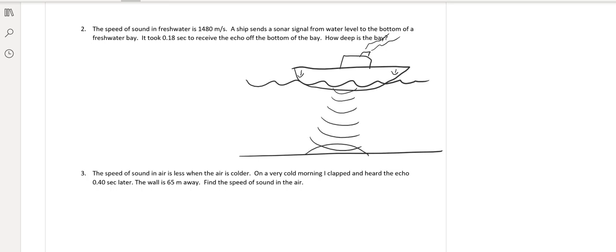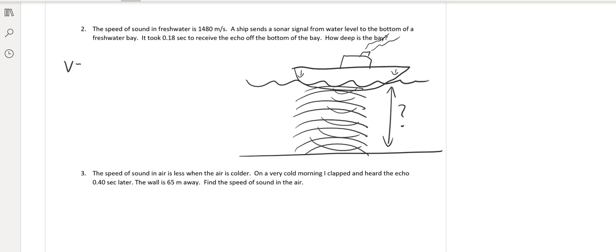It's going to bounce off the bottom, and they're going to receive the echo. What we want to know is how deep is the bay. This is common if you want to find the depth of the bay or the ocean, or you want to use a fish finder and ask, how deep are the fish? You bounce the signal off that.